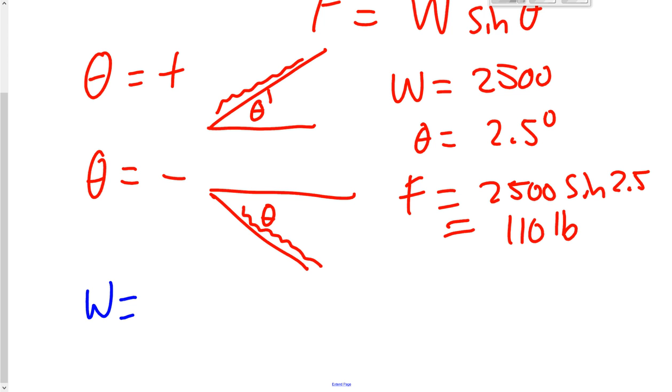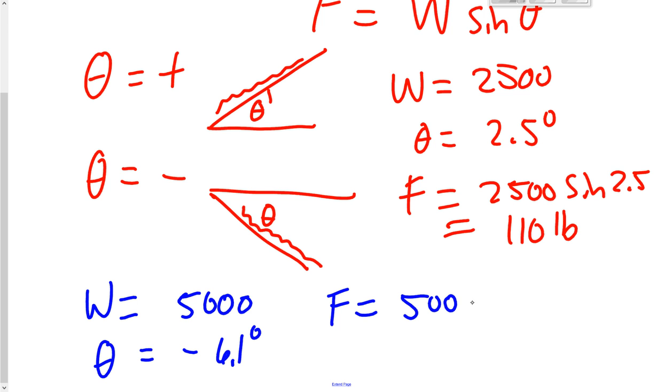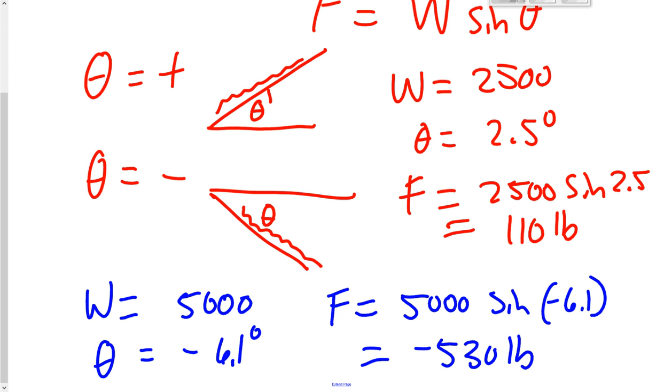What if W is 5,000 pounds and the angle is negative 6.1 degrees? Force is going to be equal to 5,000 times sine of negative 6.1. That gives us an approximate force of negative 530 pounds, which just means we're going downhill at a force of 530 pounds.